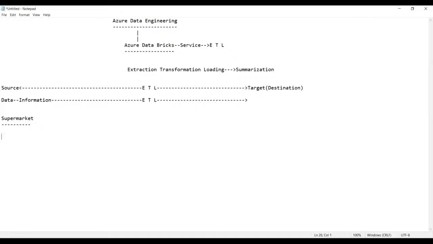Now you have product ID, product rate, product quantity sold, QTY, and next, date of sales. That's it. These are the columns we have: product ID, product rate, product quantity sold, and date of sales.